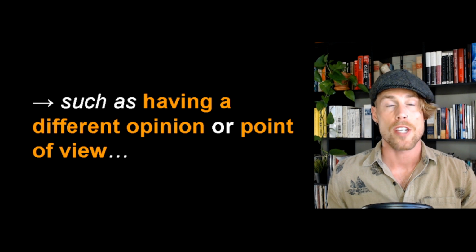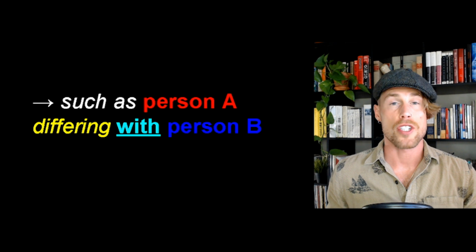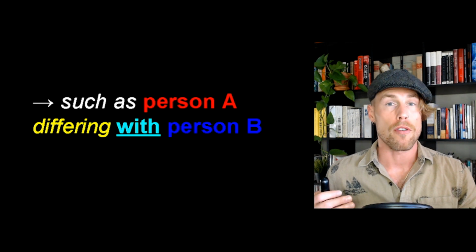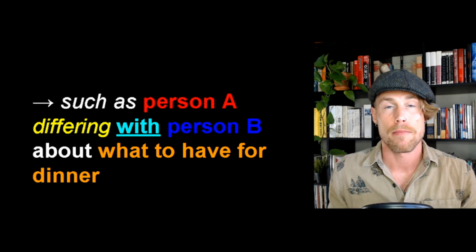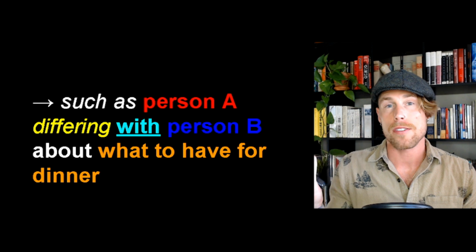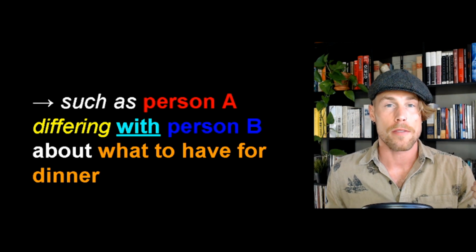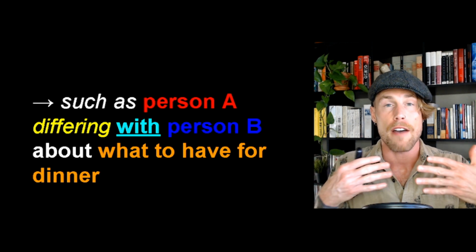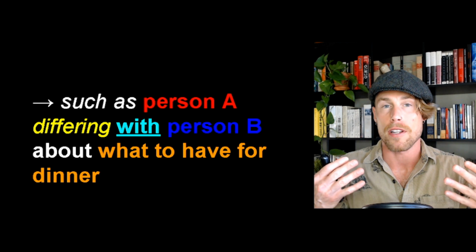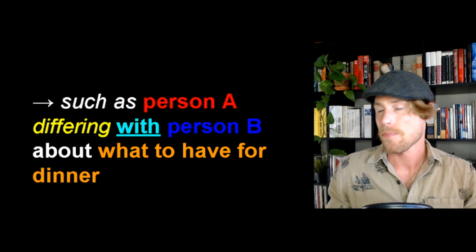In this case, policies, such as person A differing with person B about what to have for dinner. Person A wants spaghetti, person B wants tacos, okay? Their points of view on what to have for dinner are different. They differ, okay?